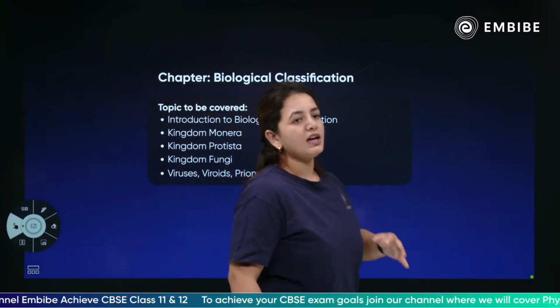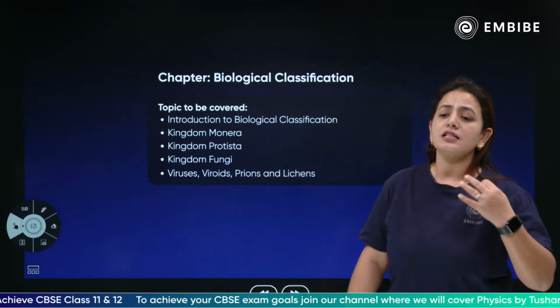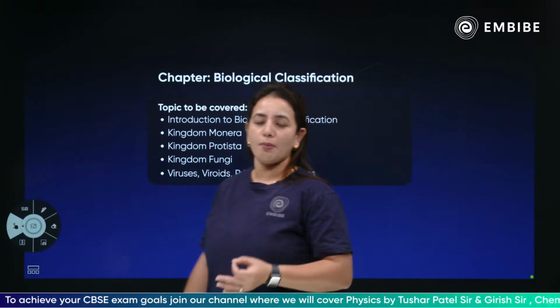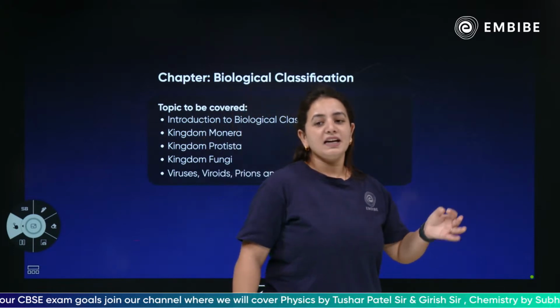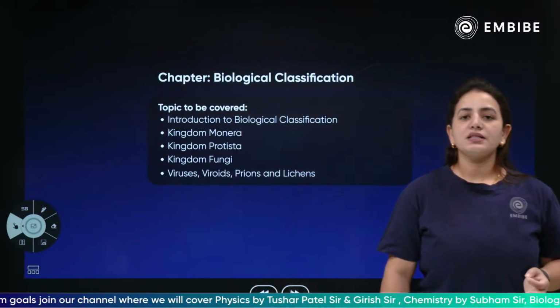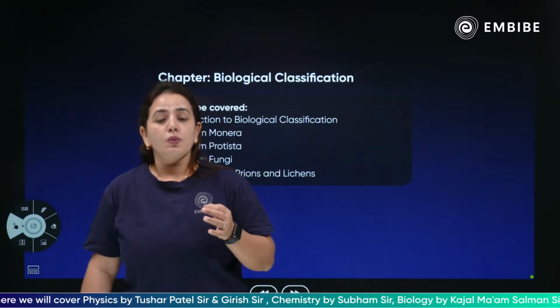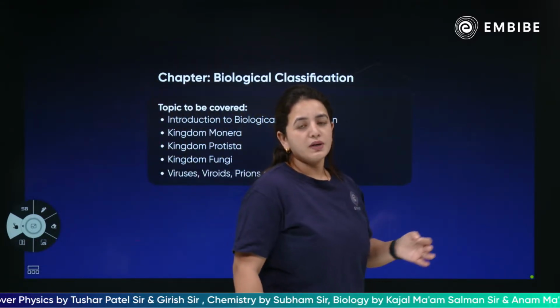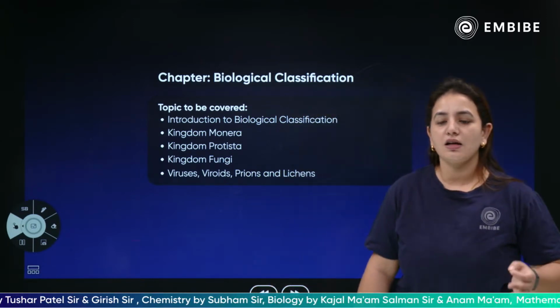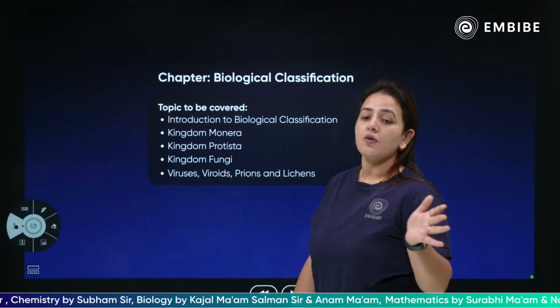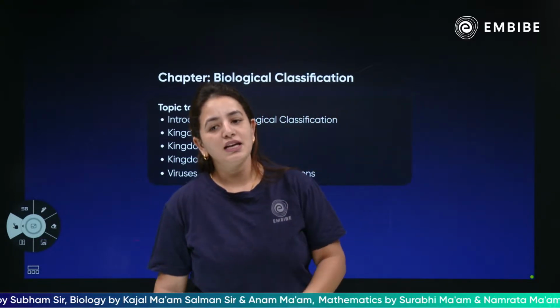Each kingdom has its own special features and a few of them were discarded initially due to some drawbacks, the demerits. After that we discussed the kingdom Monera, the kingdom Protista, the kingdom Fungi, and we also had a huge discussion about viruses, prions and lichens.